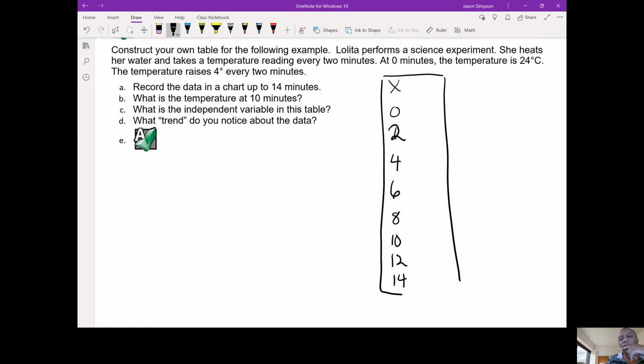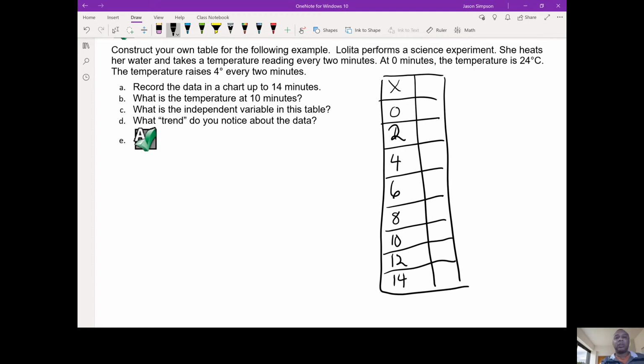Let's read this whole problem one more time and try to make sense of it all. Lolita performs a science experiment. She heats her water and takes a temperature reading every 2 minutes. At 0 minutes, we'll change X to T for temperature. At 0 minutes, the temperature is 24 degrees C, so 24.